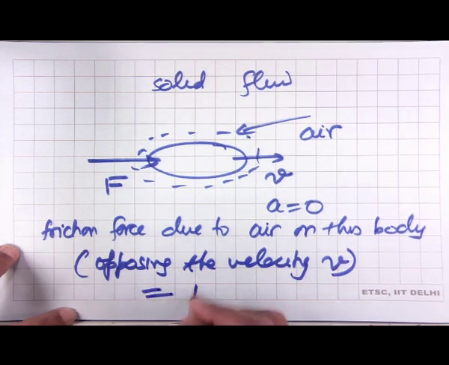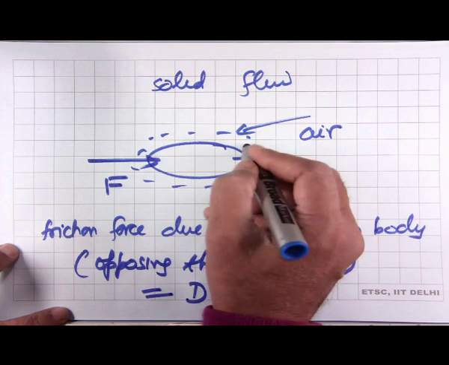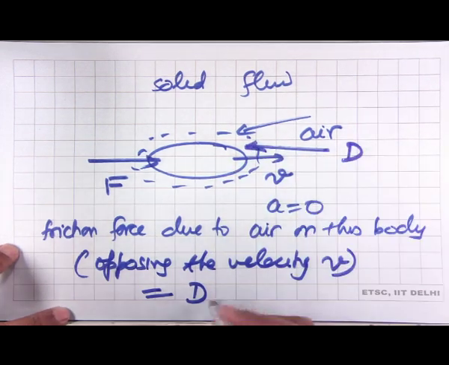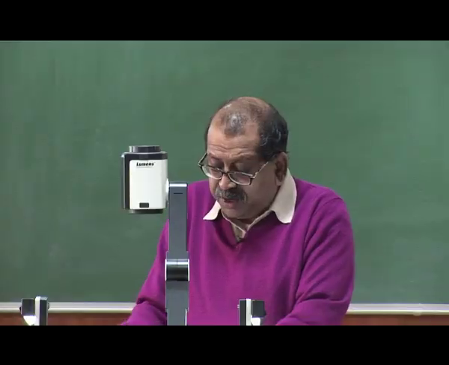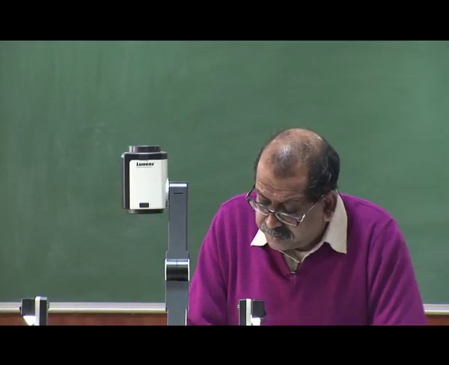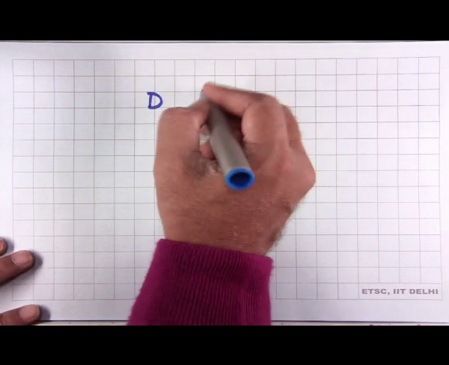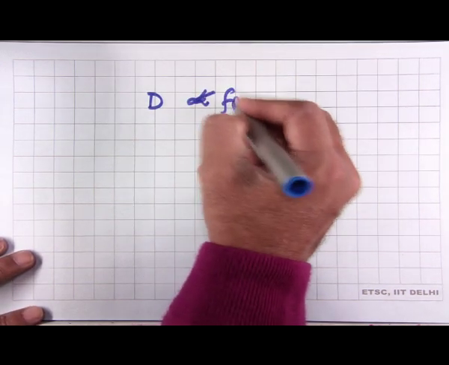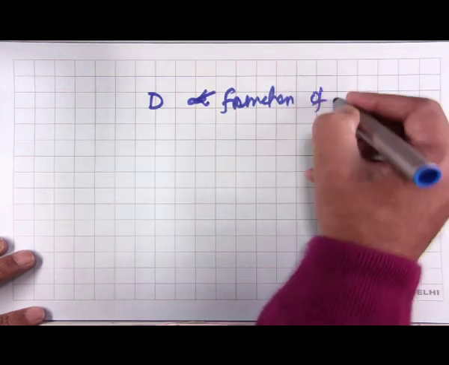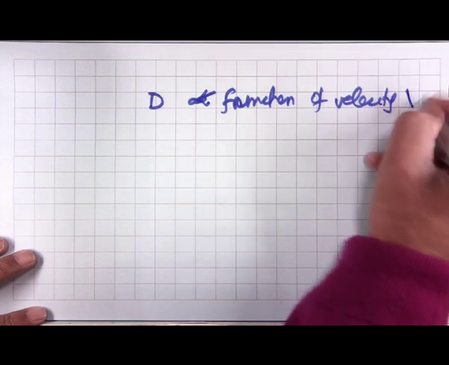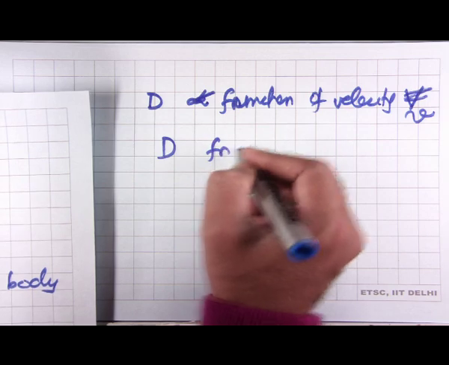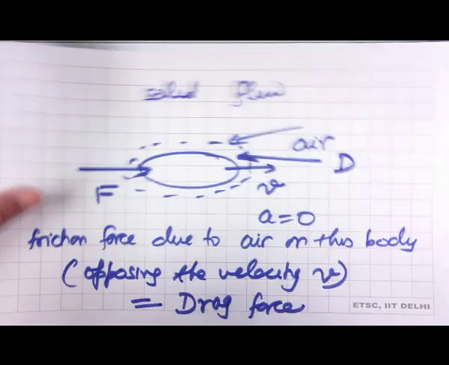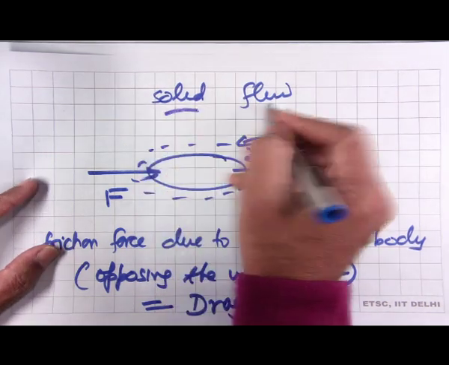We represent it as a single force, and we call it the drag force. And the drag force D, we find, is a function of the velocity v. The body is moving at a velocity v, so the drag force is a function of v, and this is the difference between solid friction and fluid friction.